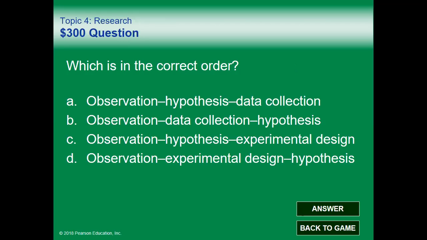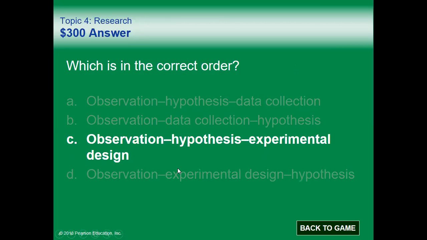Observation, hypothesis, data collection. Observation, data collection, hypothesis. Observation, hypothesis, experimental design. Observation, experimental design, hypothesis. B. B as in boy? Yes, B as in boy. C, observation, hypothesis, experimental design.